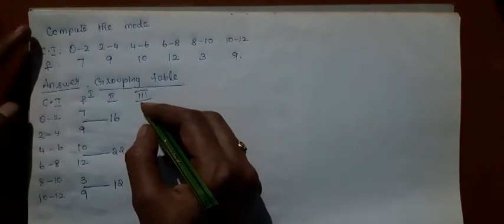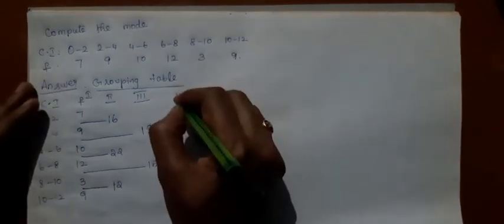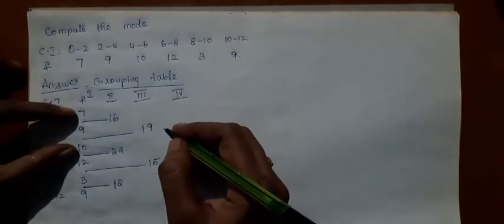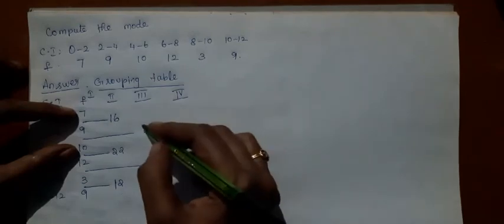Now, for the third column, leave the first value and group the values in twos. 12 plus 3, 15. Then you don't have two values, leave it. In the fourth column, group the values in threes. Remember, you should group the values in twos 2 times.